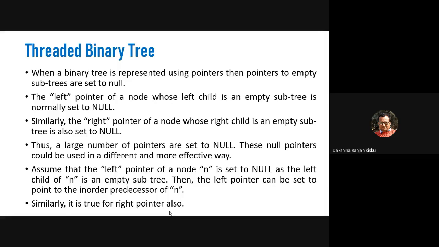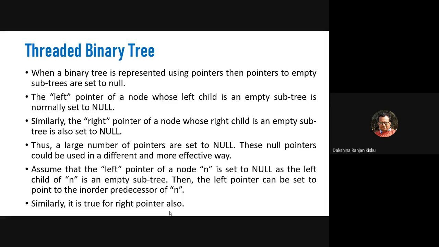So how could these null pointers be used in an effective way? Now we can assume that the left pointer of a node n is set to null as the left child of n is found to be empty. Then the left pointer can be set to point to the in-order predecessor of n.